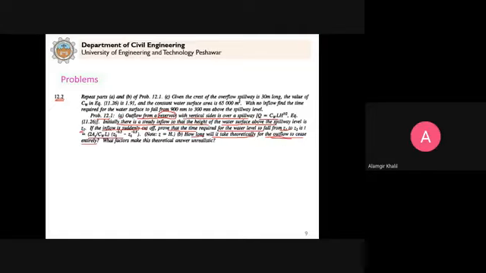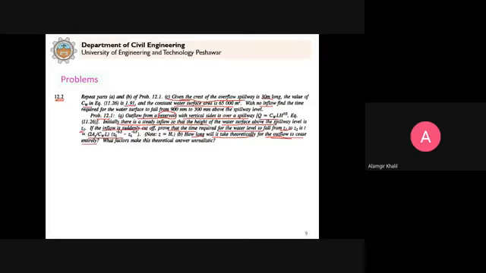And part C of the question is given here. Given the crest of the overflow spillway, the length is 30 meter, the value of C_W, the weir coefficient, is 1.91, and the surface area of water is 65,000 square meter, with no inflow.